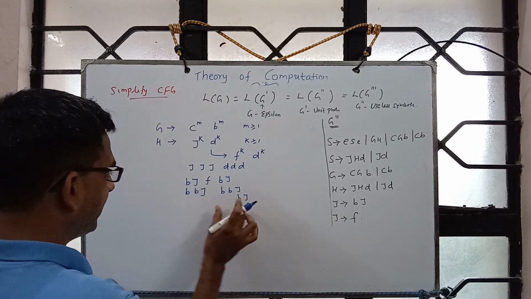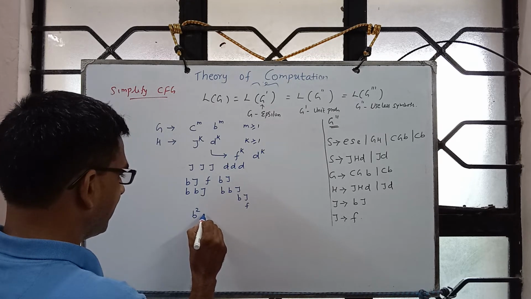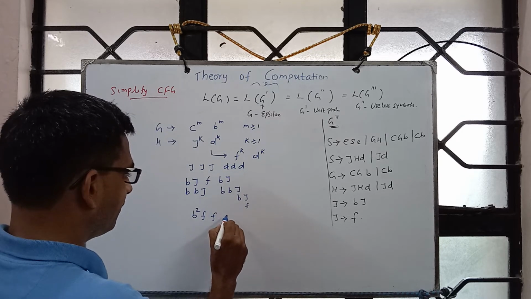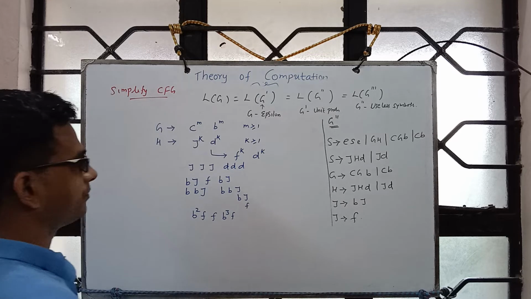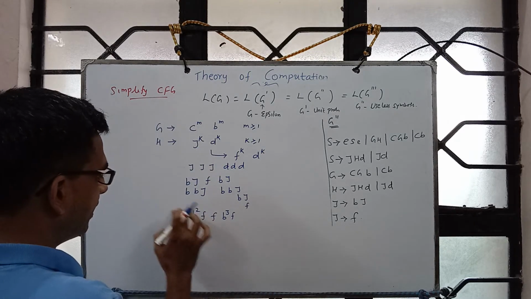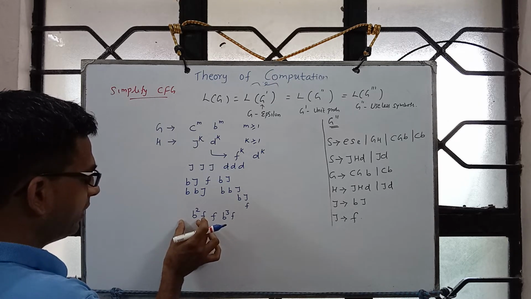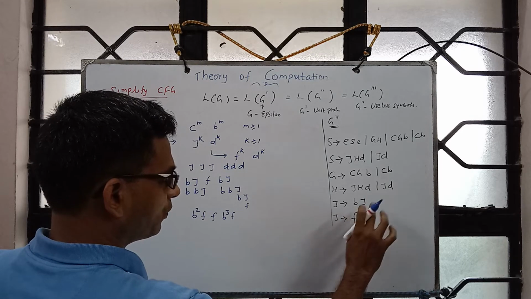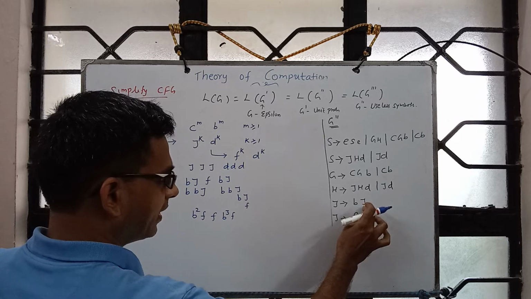So which means if you look at this, then you get to see something like B square F, followed by F, followed by B cube F. So from this J, you may get something like this. And one can pump any number of B's. It simply says BJ, BJ, BJ so many times, and finally you get F for the last one.